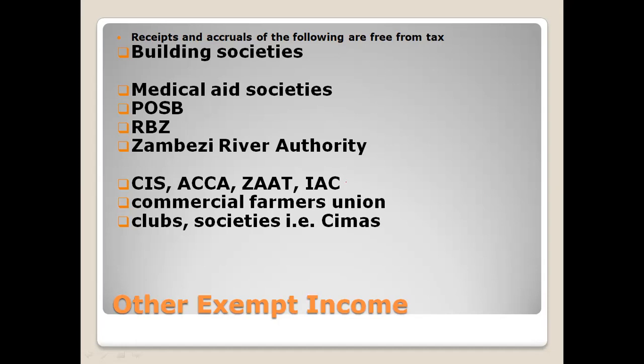So you need to take note, please. Receipts or accruals from building societies, from medical aid societies, for example, CIMAS, post office, RBZ, from the accounting body or the professional bodies, commercial farmers, unions, etc. All these incomes are free from tax, so we call them exempt income.